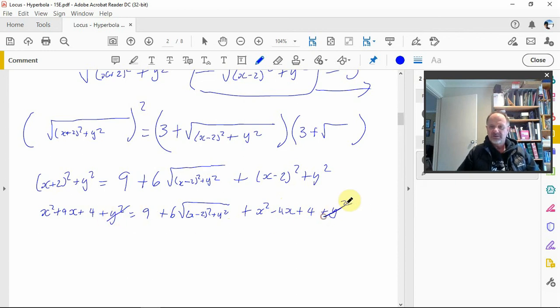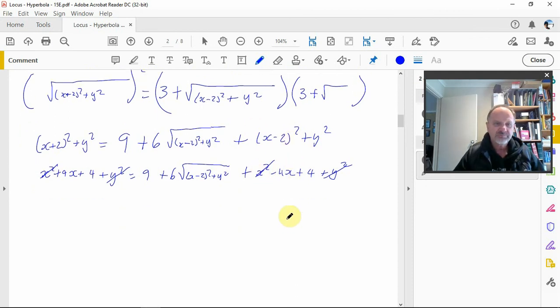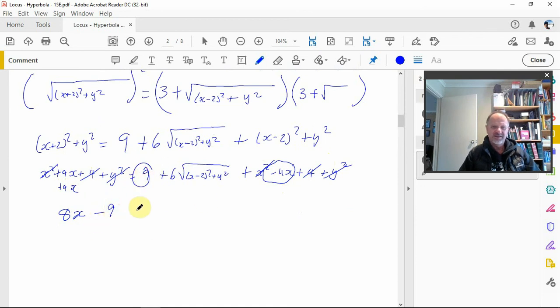If we take y squared from both sides, they go. If we take x squared from both sides, they go. I'm going to move this by adding 4x to both sides, so I'll get 8x. I take 4 from both sides, so they go there. And then I take 9 from both sides to move that. And then I've got 6 root (x minus 2) squared plus y squared.